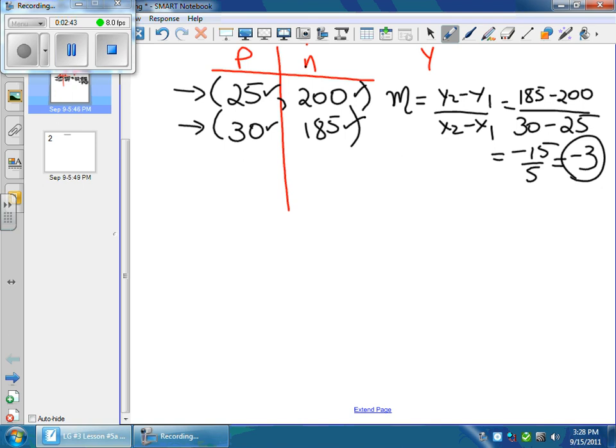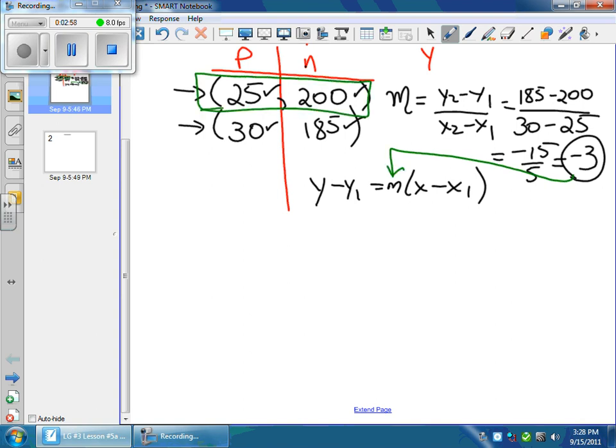So let's extend the page a little bit and let's go from there. Now, what's interesting here is last year I also taught you that y minus y1 equals m times x minus x1. Perfect. Excellent. So let's start substituting in the values. You know the slope now is minus 3. Pick a point. I'm just going to pick our original point. Y minus 200 equals minus 3 times x minus 25.